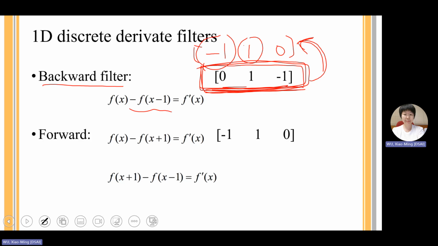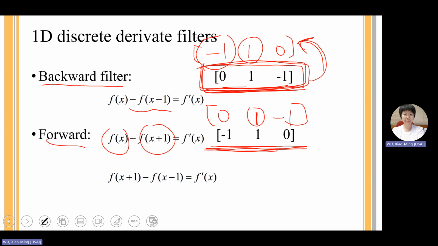And similarly, the forward filter is represented in this form. And after flipping, it becomes like this. So what it actually computes is f(x) minus f(x+1). It is a little confusing because of flipping in convolution. Similarly, the central filter is represented in this way.